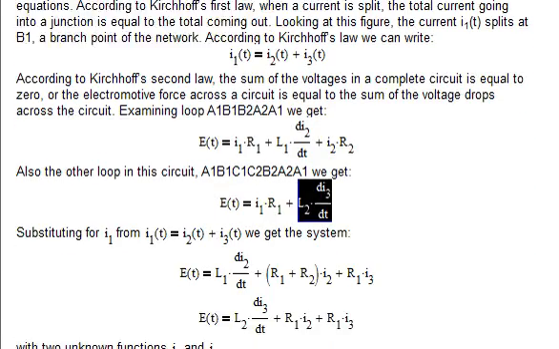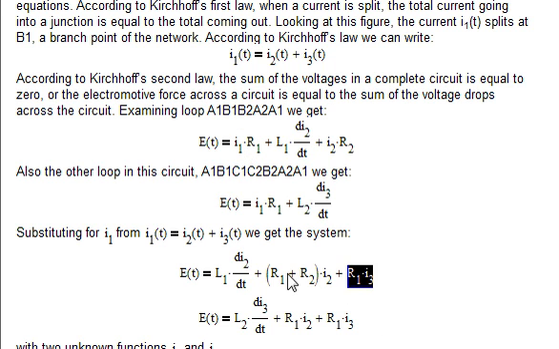So substituting for I1 from this equation, we get L1 dI2/dt, that's here, plus this R1 plus R2 times I2. Remember, we've replaced this by I2 plus I3, so we got R1 times I2 plus R1 times I3.